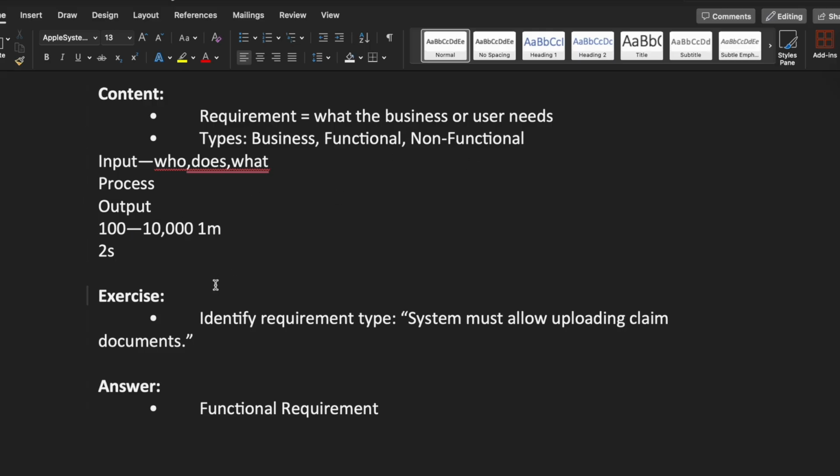Yes, it's the BA's responsibility to gather requirements in your user story. So let's say for a beginner, you are building this insurance app, right? For your first user story, we are writing the front end user story. Do you need to capture the non-functional requirement on your front end user story?